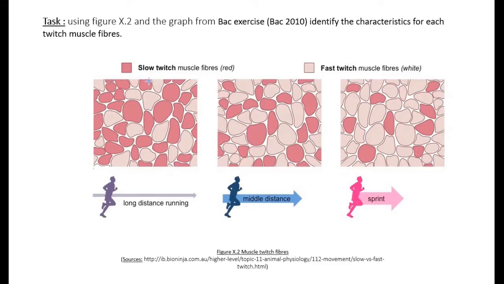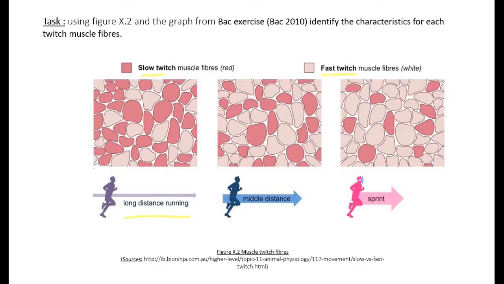There are the slow twitch ones and the fast twitch ones. Slow twitch muscle fibers are more for long distance running, so more of a long-term, more endurant. They produce less power, but they're more endurant. Whereas muscle fibers for fast twitch ones, for sprinting, they will generate more power, but they won't be very good for endurance.